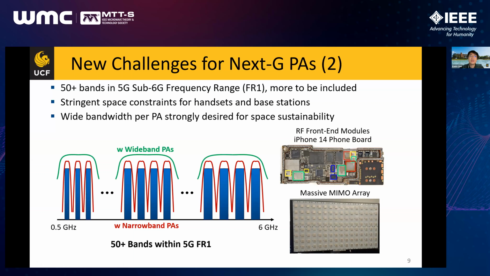It is much more convenient to have wideband PAs, such that one PA can cover a large spectrum range, so that we can minimize the number of amplifiers within the limited area. Of course, the ultimate solution would be to just have one amplifier cover the entire spectrum.